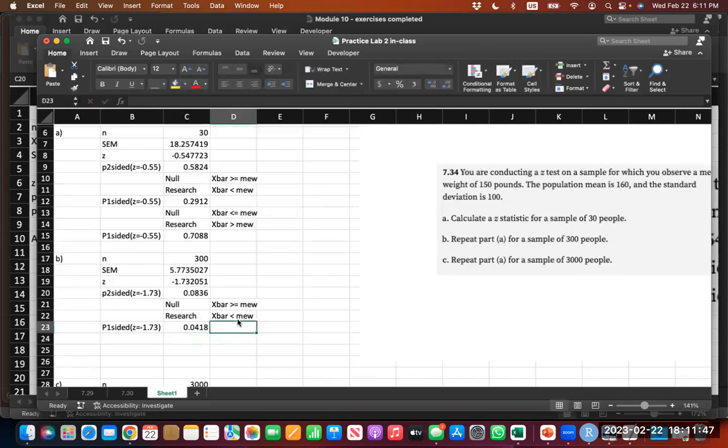So now it's actually significant with an alpha level of 5%, because it's a one-sided hypothesis.